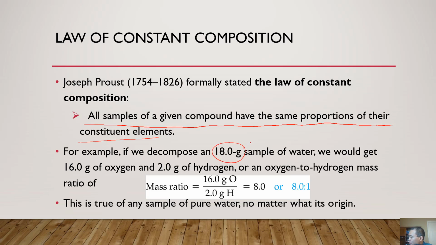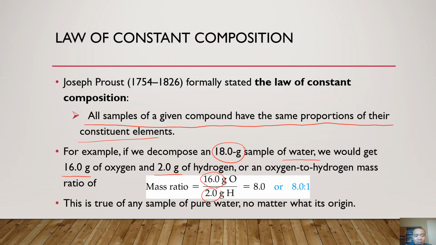For 18 grams of water, you will always have 16 grams of oxygen and 2 grams of hydrogen. So the mass ratio between oxygen and hydrogen will be 16 grams over 2 grams, which gives you a ratio of 8. And this is true for any sample of pure water, no matter of its origin.